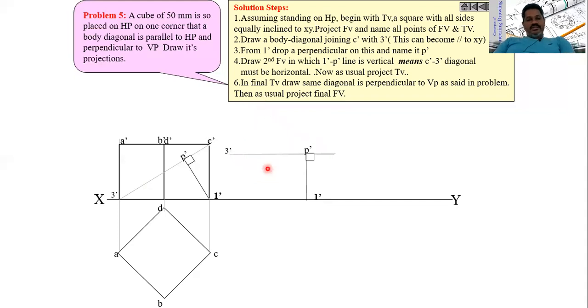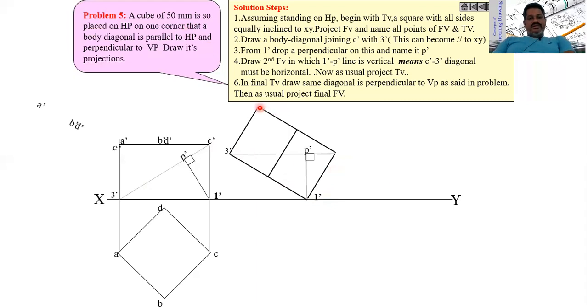I repeat, after locating these 3 points 3 dash, P dash and 1 dash, first join P dash 1 dash, then draw a perpendicular to P dash 1 dash to get the height, and similarly at 1 dash also draw a perpendicular line of 50 mm.